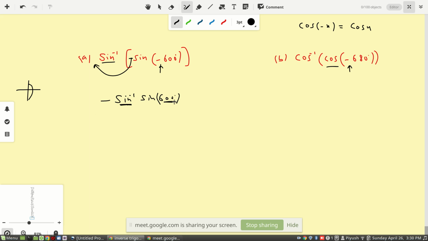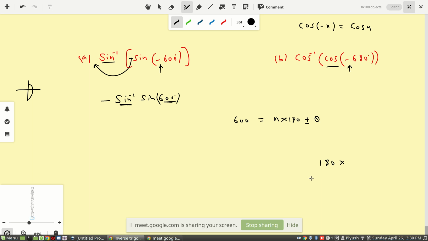Now it means we have to work out this angle. Since it is in value form, we will also work in value form. So 600 we will try to convert into n times 180 plus or minus some theta. Let me see. How much will it be?